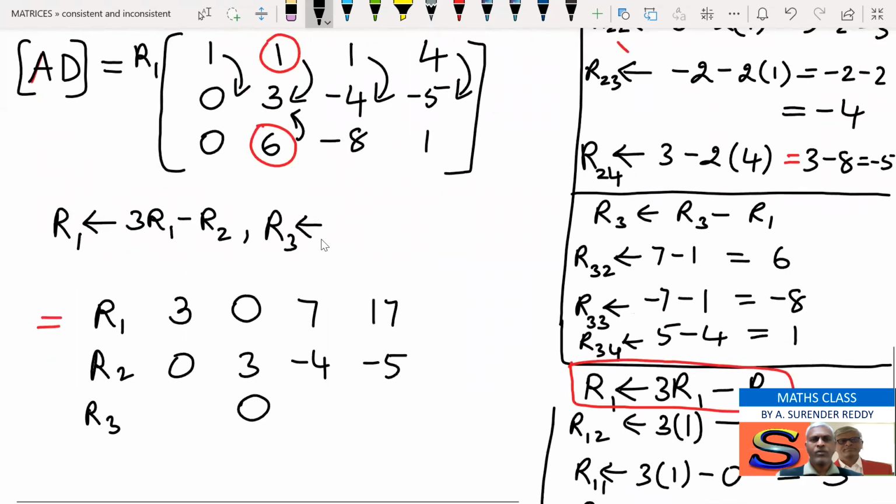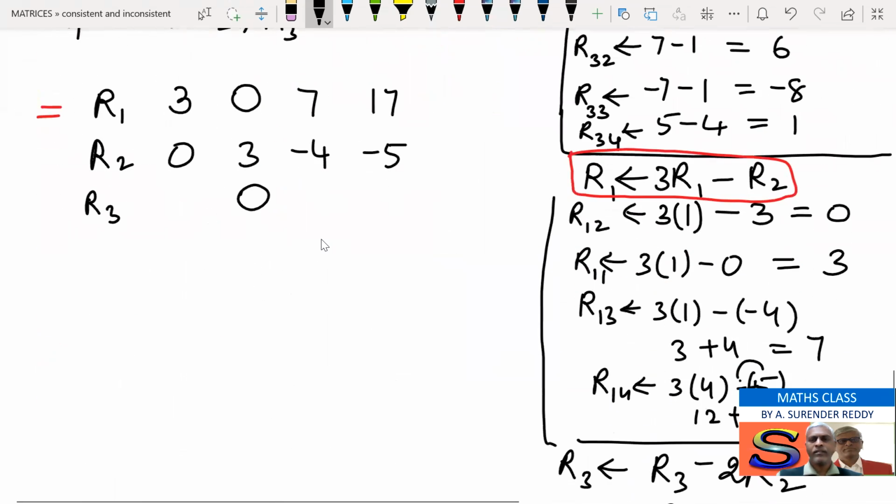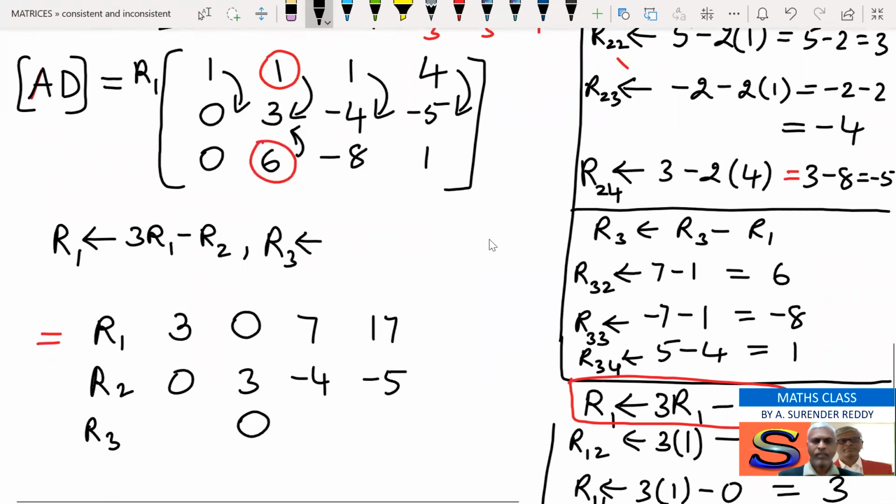R3 minus 2R2. So R3 minus 2R2 is the formula. Applying this formula, this becomes 0. And apply this R3 minus 2R2 for all other elements.